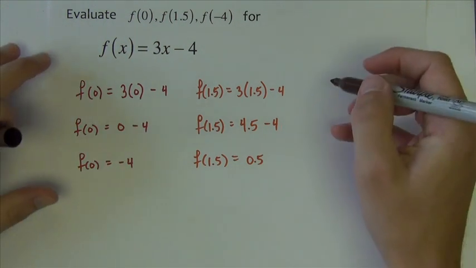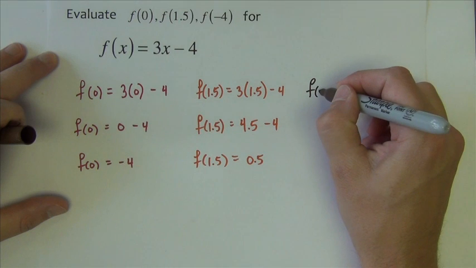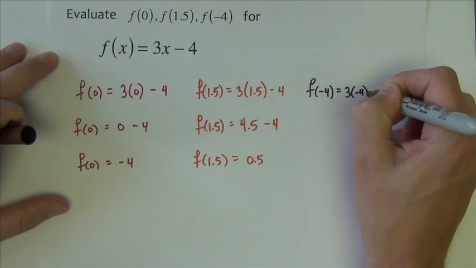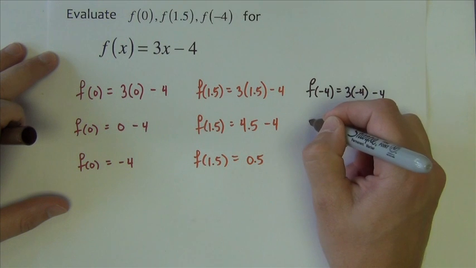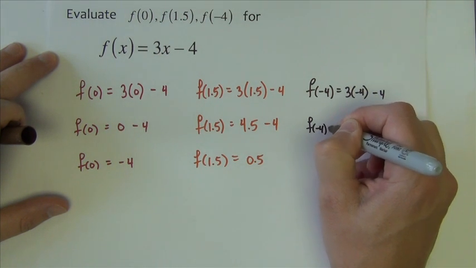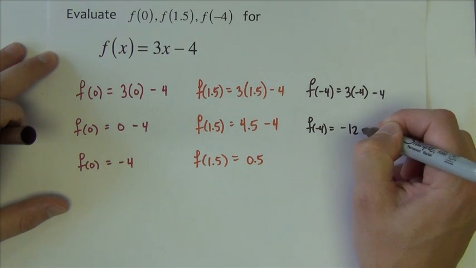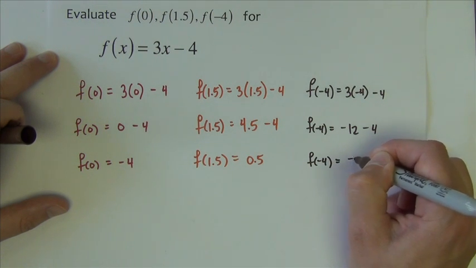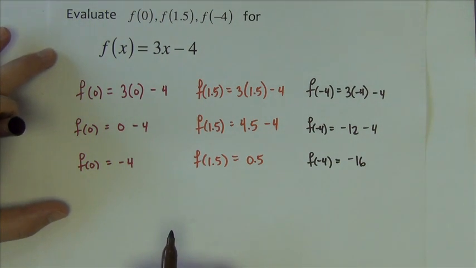And finally, the last one of those, f of -4. So it's 3 times -4 minus 4. So multiply first, that's -12 minus 4, which is -16.